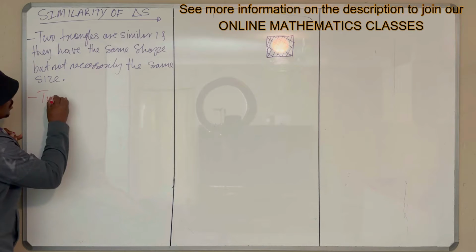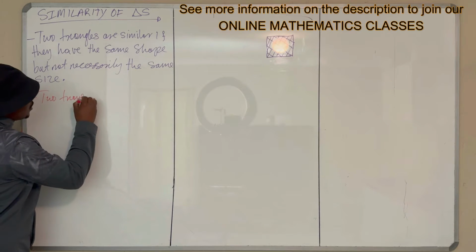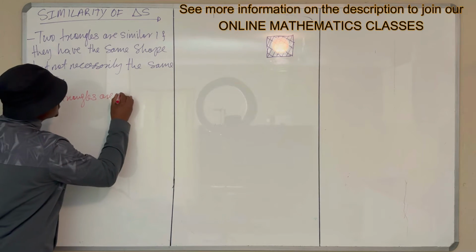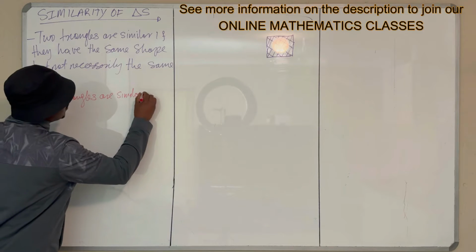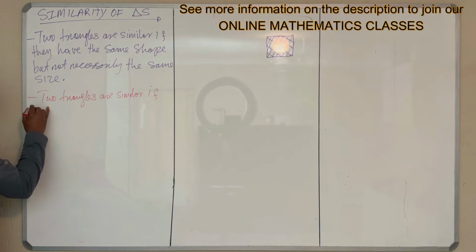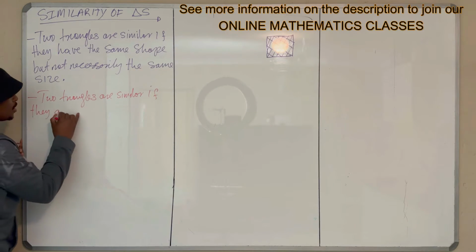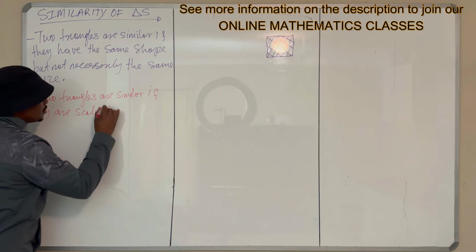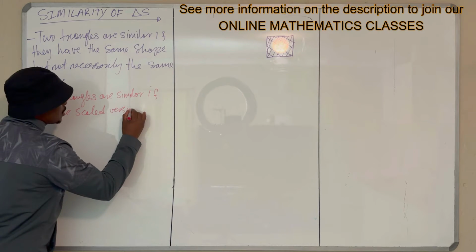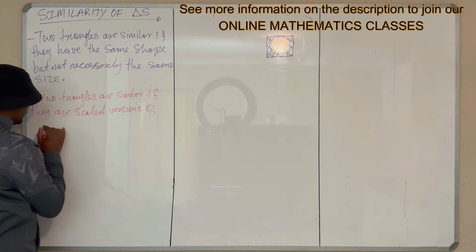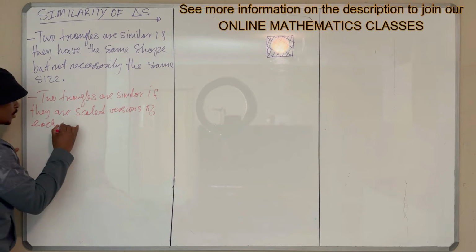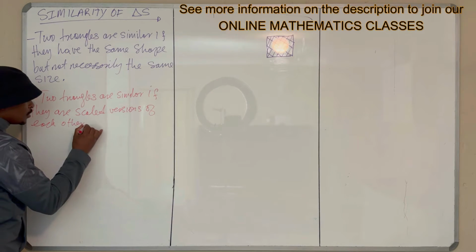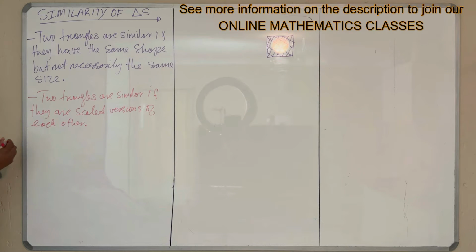Two triangles are similar if they are scaled versions of each other. Which means you have a triangle here.